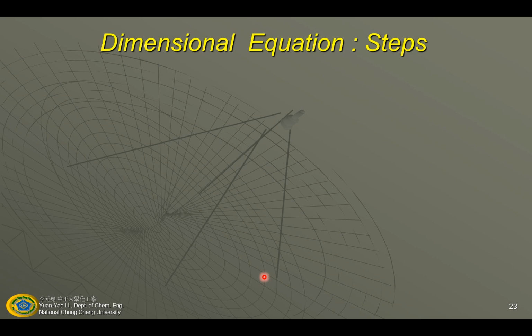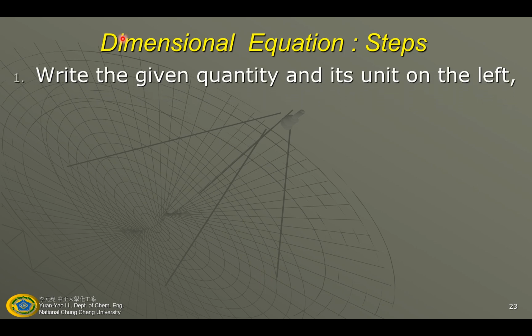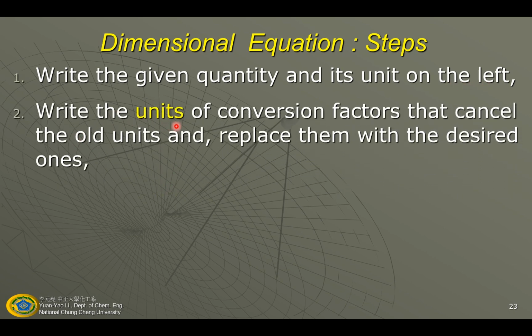So let's do it step by step. Step 1 is write the given quantities and their units on the left first, and then write down the units of the conversion factor. Step 2 is you need to put the unit of the conversion factor that cancels the old units and replaces them with the desired one, like replace nanometer to become meter, right?